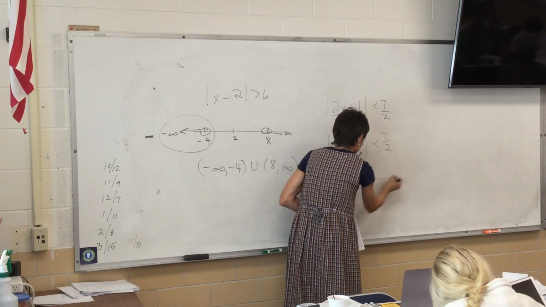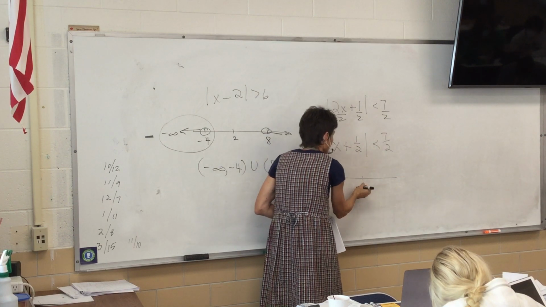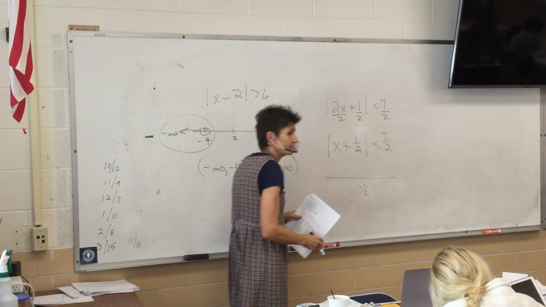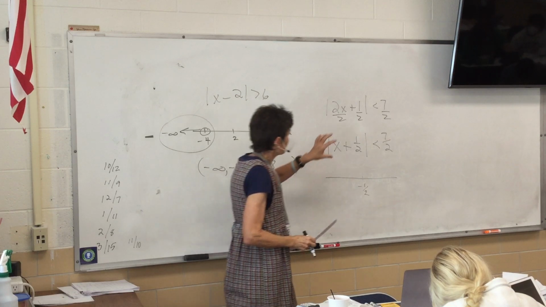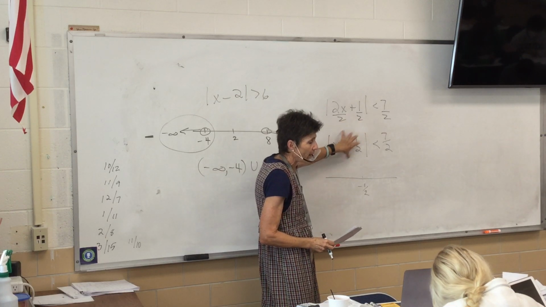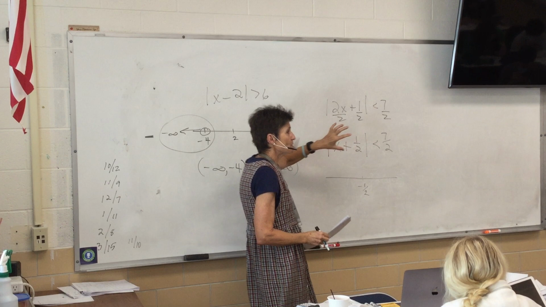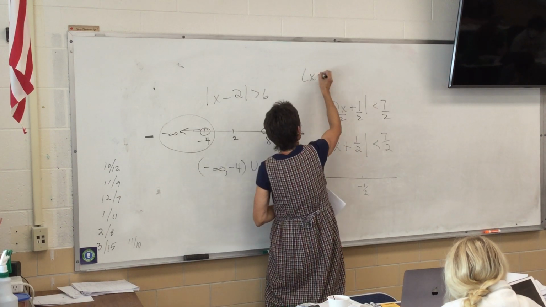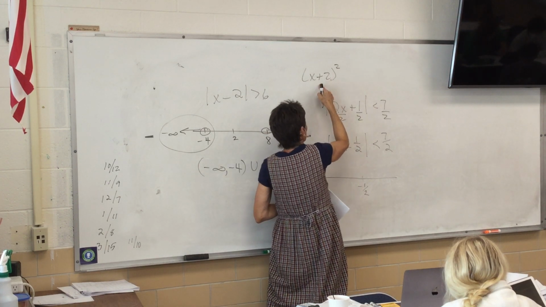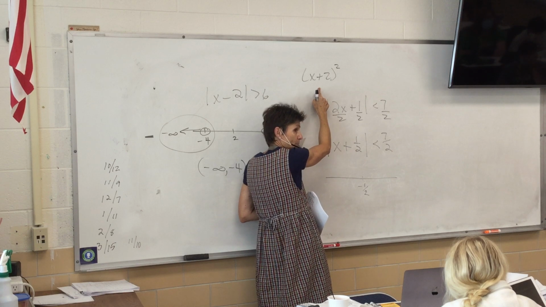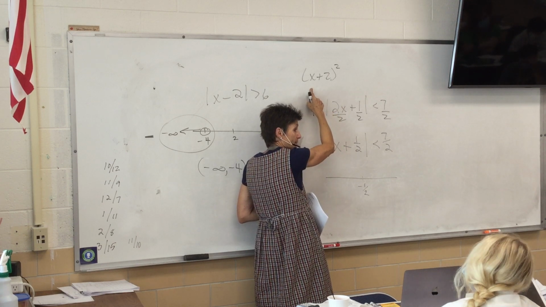So here's my number line. Right in the middle will be -1/2. Remember, it's the opposite, it's the opposite. Just like when you have a circle, wouldn't the center be at -2 something? Yeah, it's the opposite.